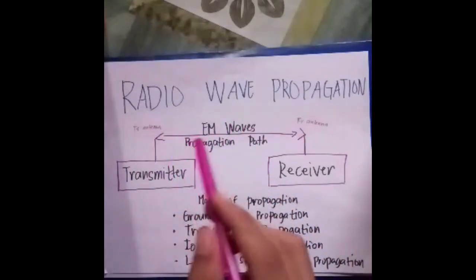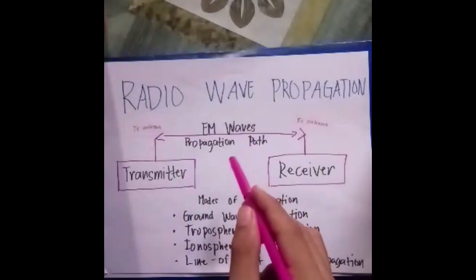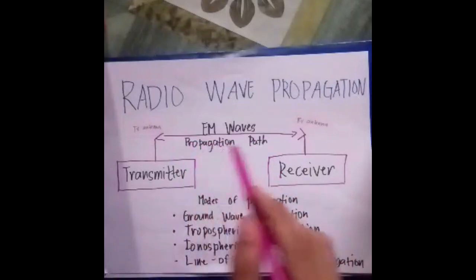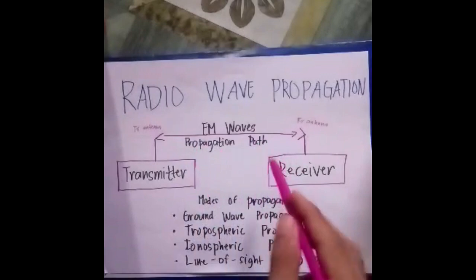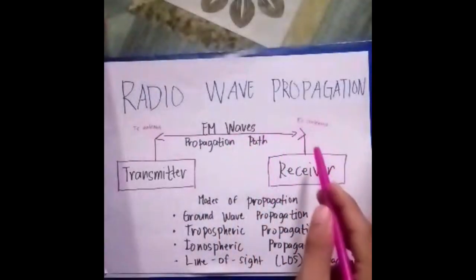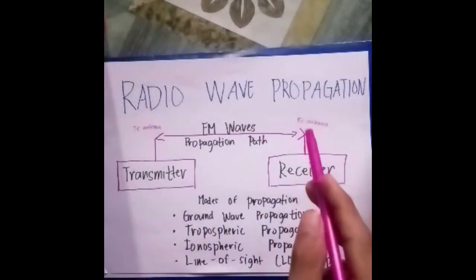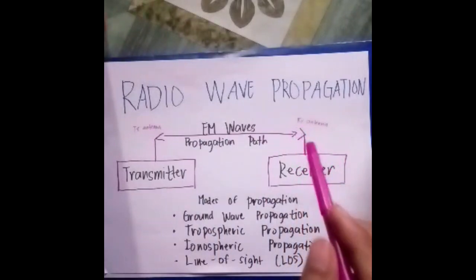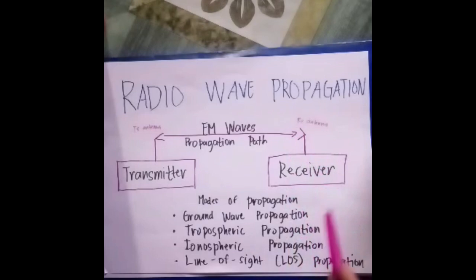These electromagnetic waves propagate along the propagation path and are received by the receiving antenna, and this signal is given to the receiver.